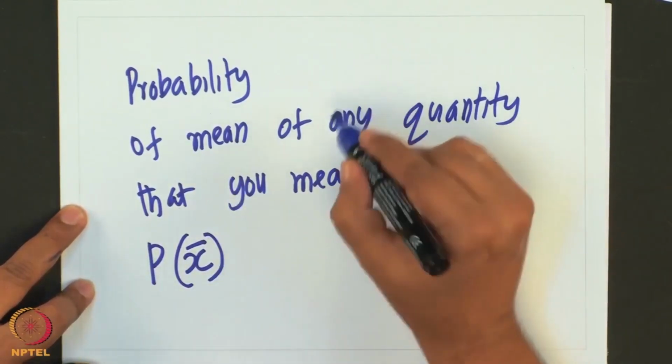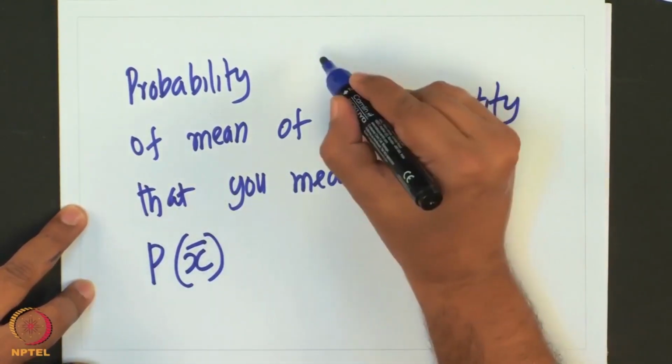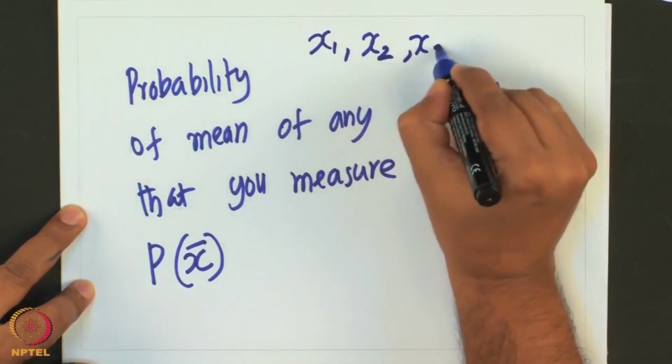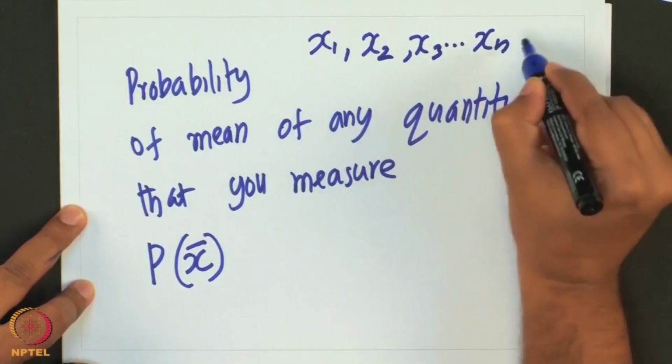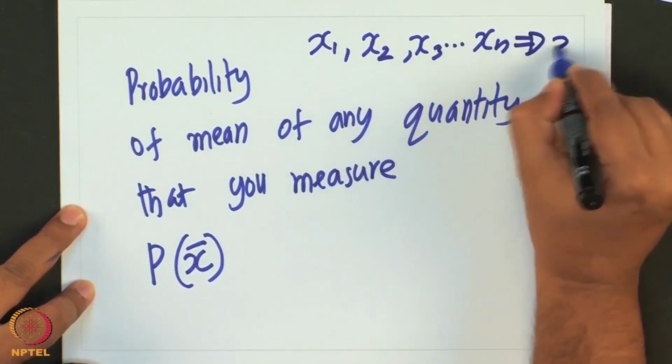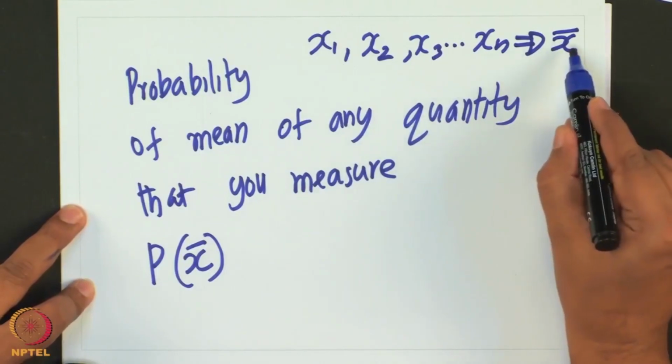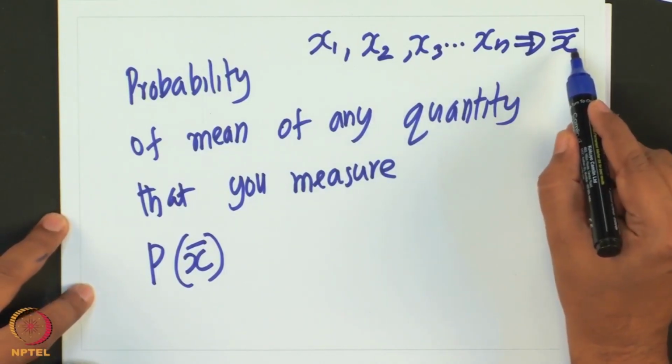You have x, the quantity that you are measuring, so we have x1, x2, x3, up to xn, and from this we can calculate x bar. You do the measurement many times and you can calculate the mean or the average, which is x bar.